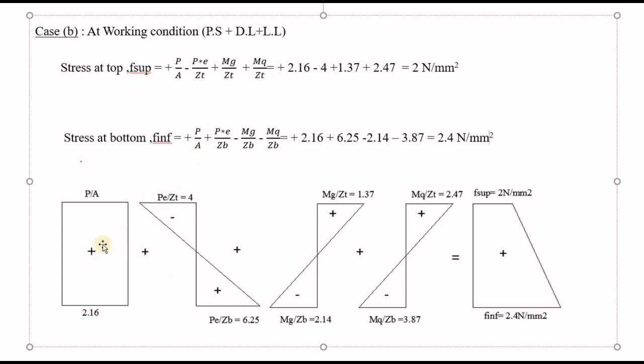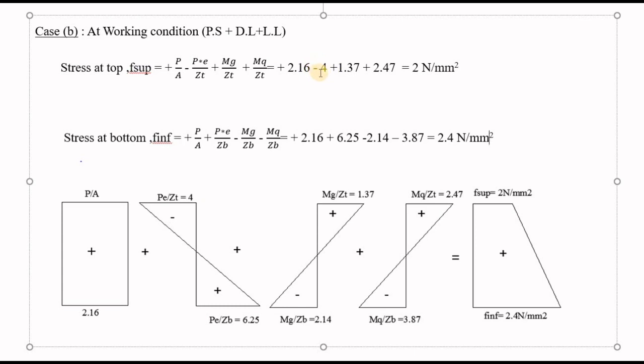So like that I have written the variation separately. This is for the direct stress. You compare the direct stress value here; the standard value for the direct stress is P by A. So P by A, we will get a positive value both at the top and at the bottom. It is the same, plus 2.16, so it will be a rectangular variation. The next one is P by Zt and Zb.